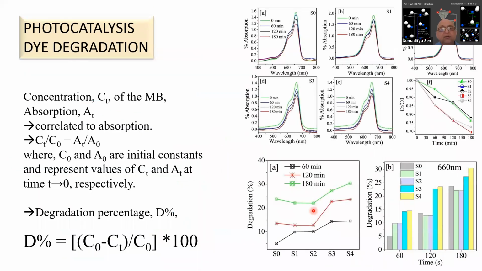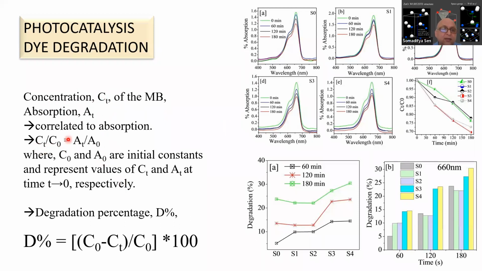Now, for dye degradation, this is the spectra, and you can see the spectra goes down with time. If you calculate the degradation rate, the concentration is directly proportional to the absorbance of the material. So if the absorbance is going down, then the concentration of the MB dye is going down.